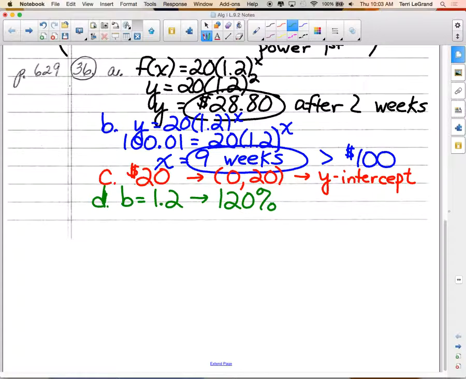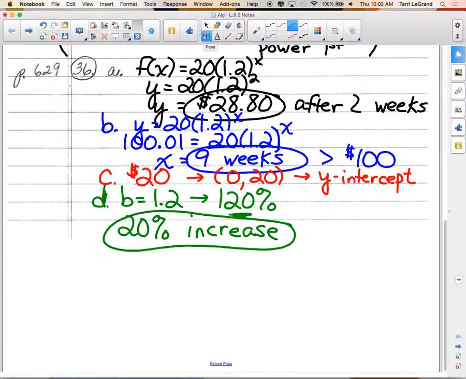So that 20% right here is our percent of increase. A 20% increase each week. The value of it increases another 20% each week.